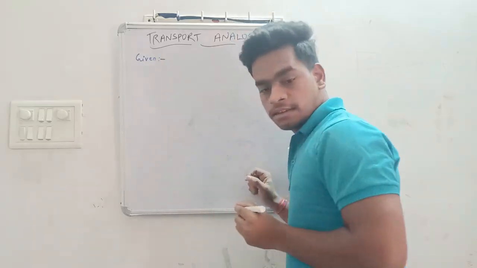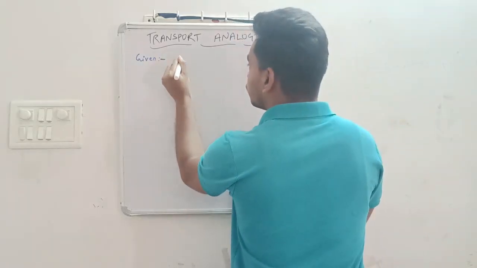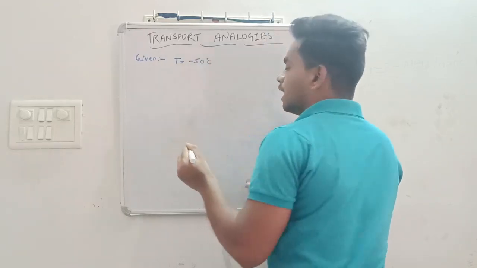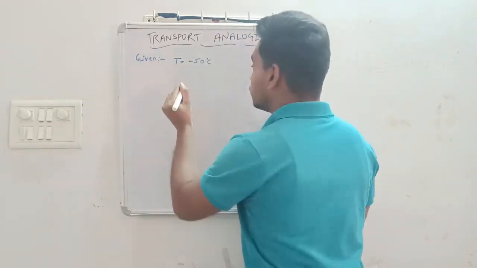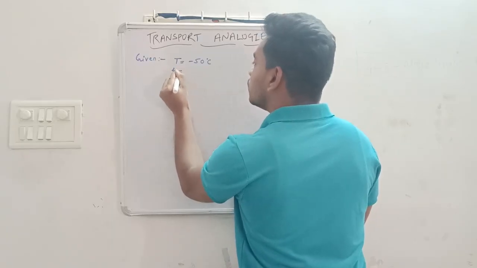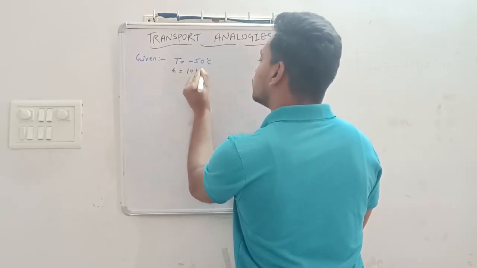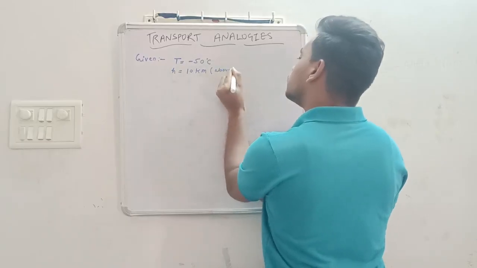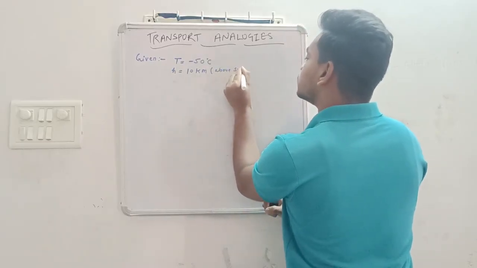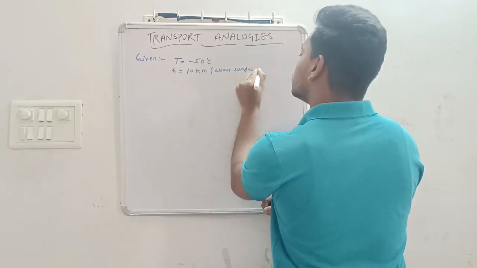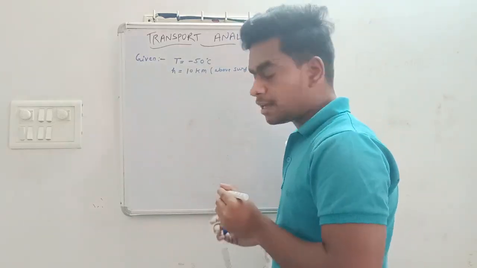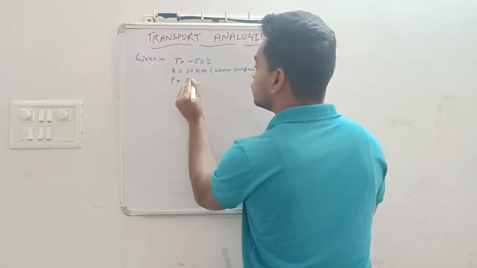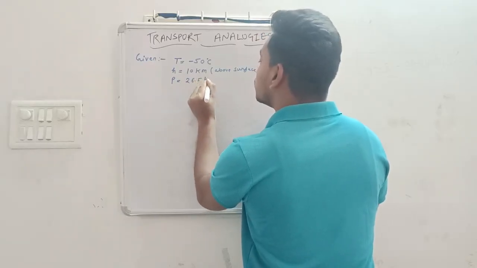Given data: we are given the temperature of minus 50 degrees Celsius at the height of 10 kilometer above the surface, and the pressure at those conditions is 26.5 kilopascal.